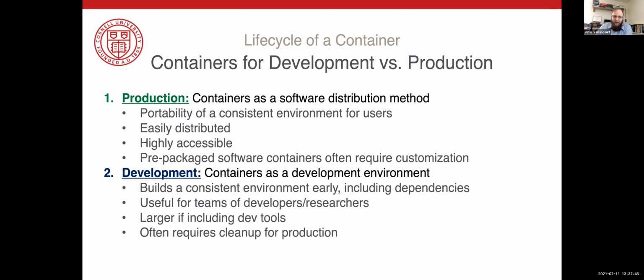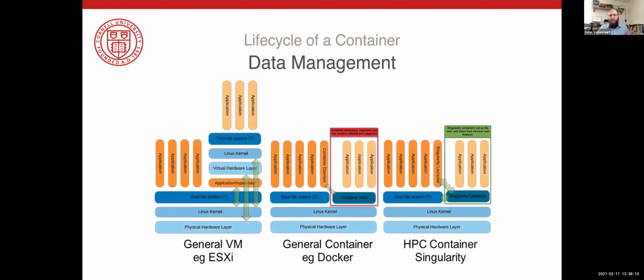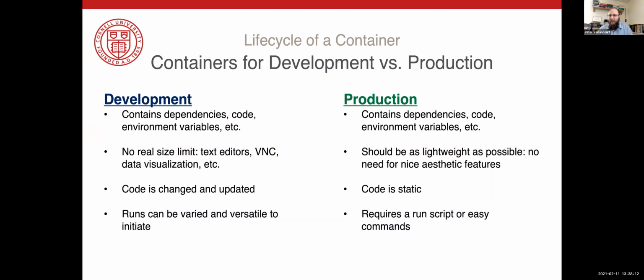A development container typically has some editing tools and dependencies and maybe VNC and data visualization in it that you don't actually need when you're running on a high performance computing resource, for example. You want to pare that down when you're actually running your code. A production container ideally is more lightweight.